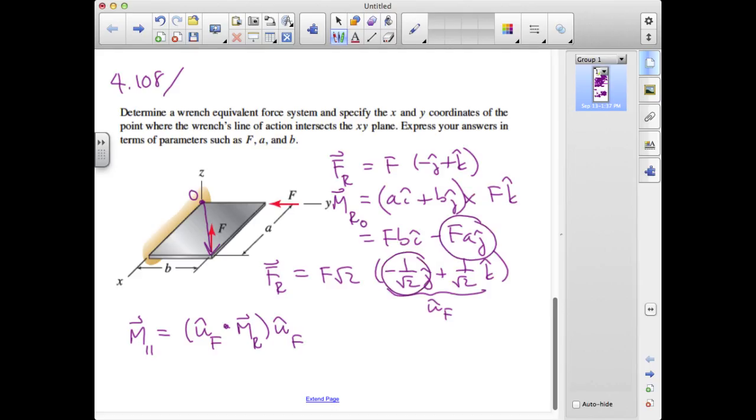They're both negative, and so we're going to end up with a positive value for the dot product of UF and MR, and that's simply going to be equal to 1 over root 2 FA. And again, that's on this unit vector, so that's minus 1 over root 2 J plus 1 over root 2 K.